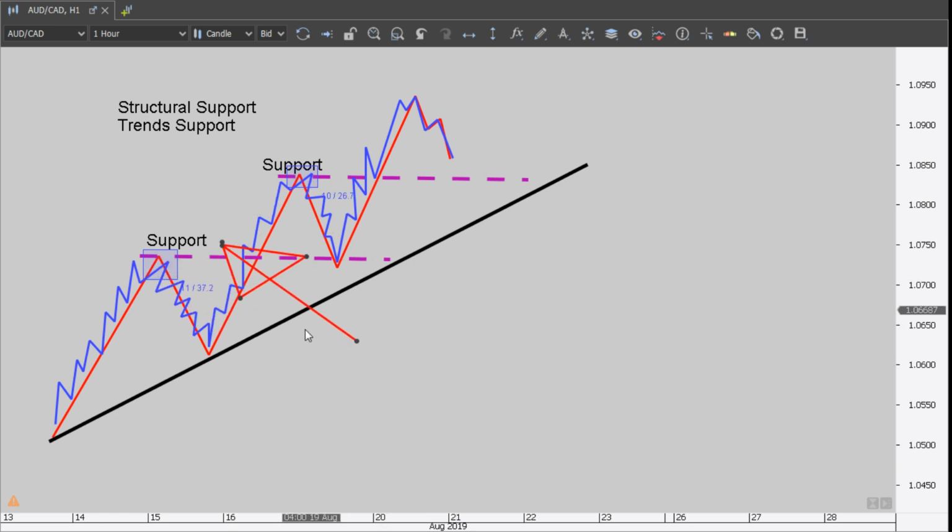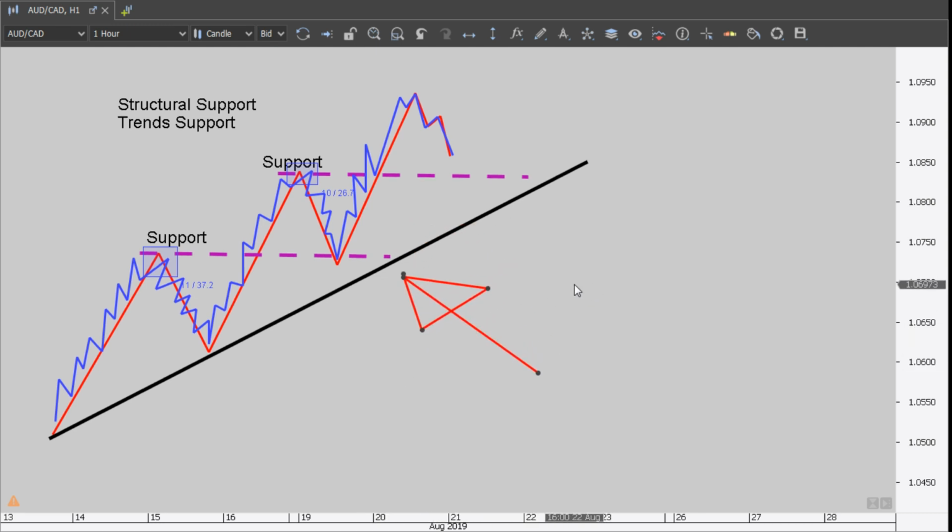So you have support on structure and you have the support on the trend, right? And remember, we have learned that not all highs and lows are relevant, so support levels are going to appear on relevant highs and lows.